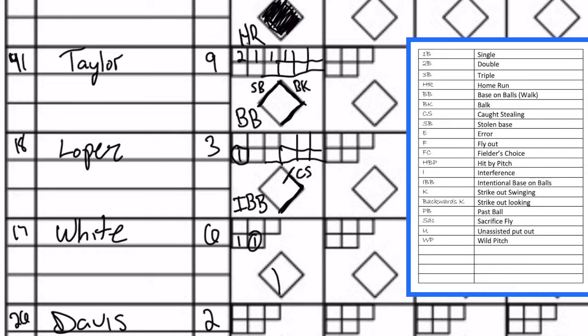He hits a ground ball to shortstop, and the shortstop makes an error, E6. So we come up to Taylor, and Taylor is going to score. And White is going to be on first base.